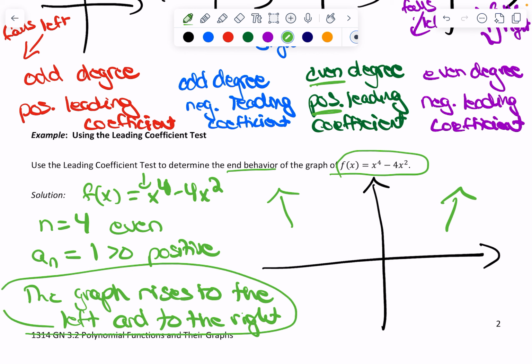So that is your answer. Now, it doesn't matter what happens down here. It does look something like this, a little bit more symmetric, but something similar to that. But again, this question was only about the end behavior. We don't have to worry about what happens in between the ends at this point. We'll look at it in a little bit.